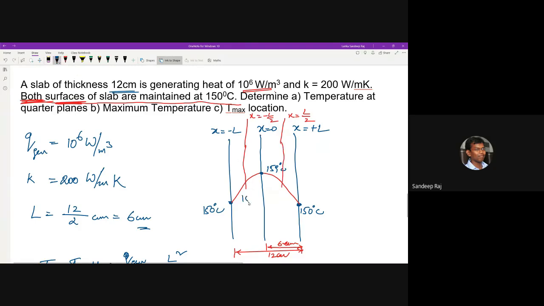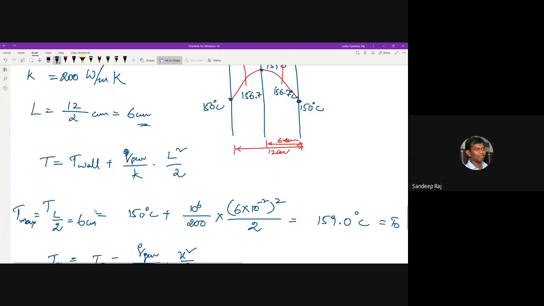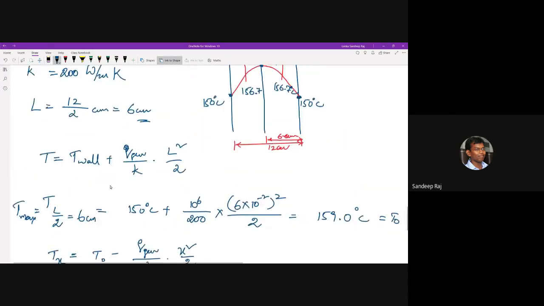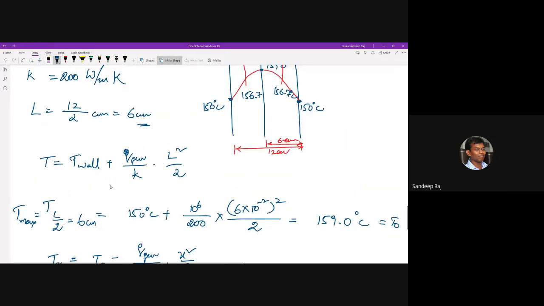So the temperature is 156.75, here also 156.75 degrees centigrade. See, this time the plus and this minus. So how did I get all of that? That's the important thing to be considered here.